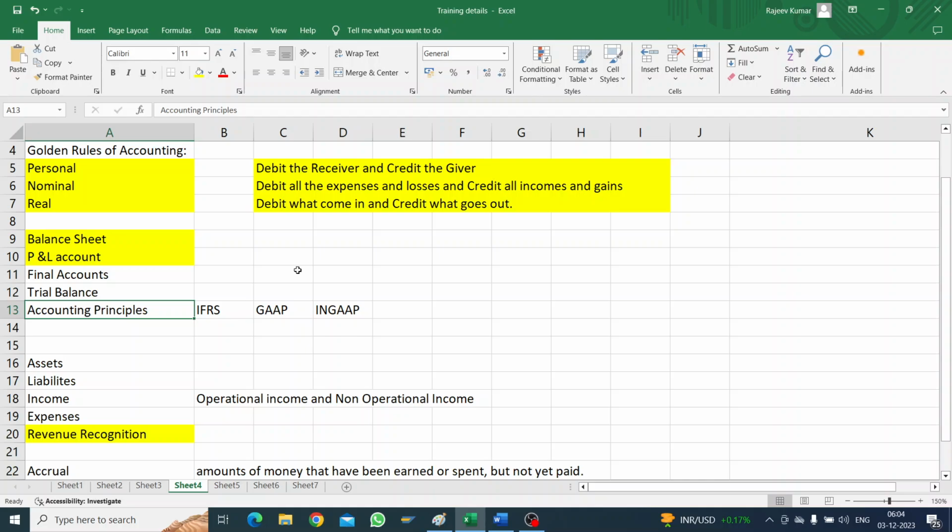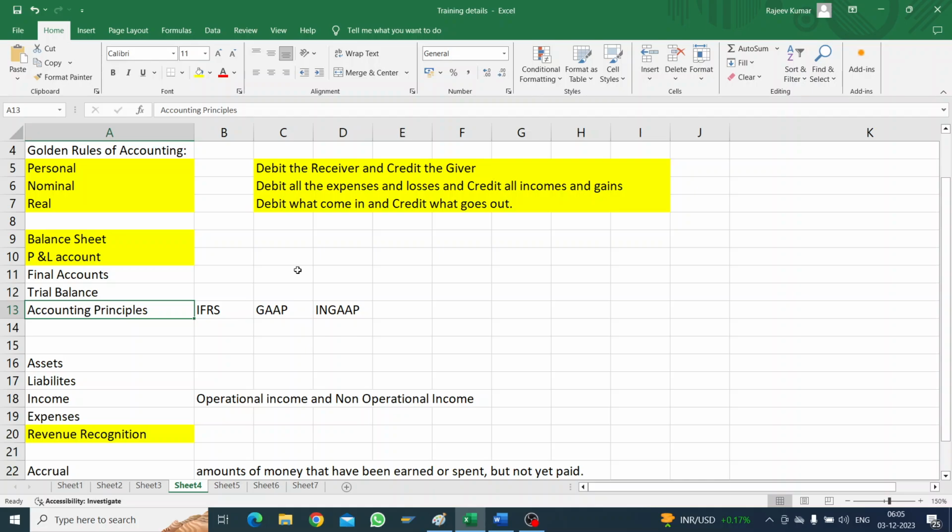For example, IFRS is International Financial Reporting Standards, that is the full form of IFRS, right? And GAAP means Generally Accepted Accounting Principles, right? And then I have written IN GAAP as well. IN GAAP means India-specific generally accepted accounting principles.